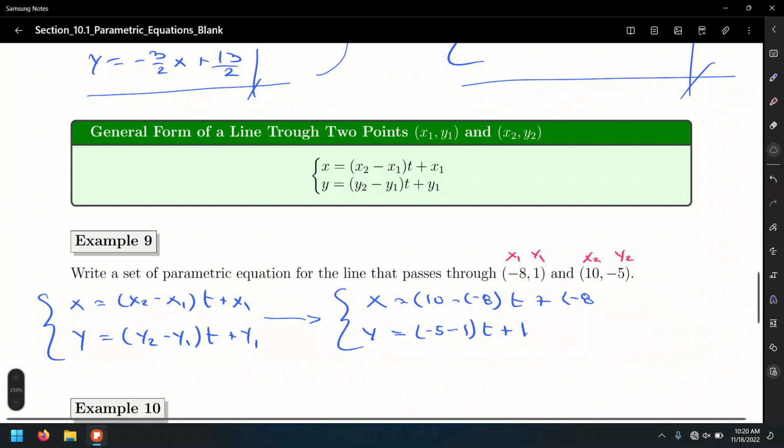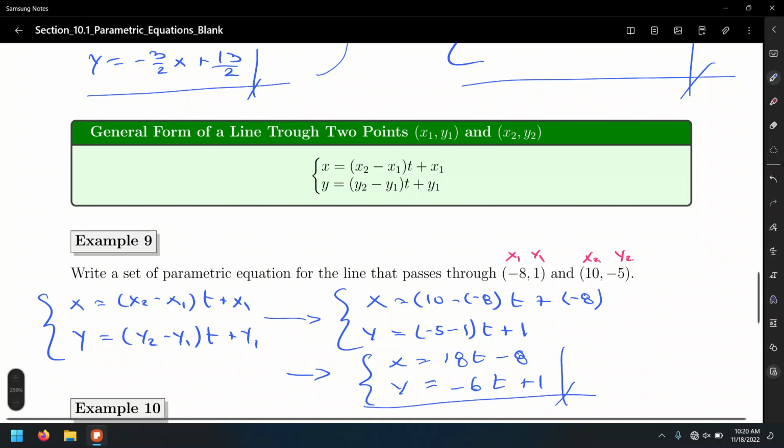No need to find the slope. Just do this operation, and you're going to do a lot more of this when you get to Calc 3. So x equals 10 plus 8, that's 18t minus 8, and y equals -6t plus 1, and that's our set of parametric equations.